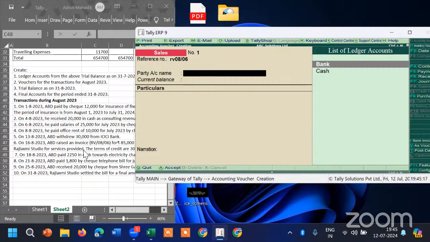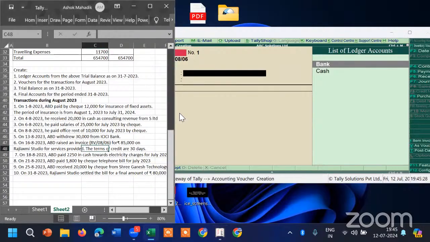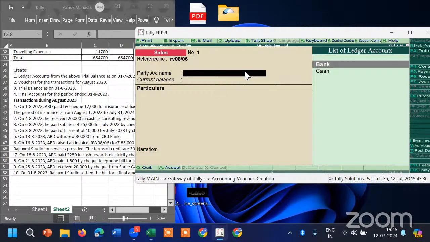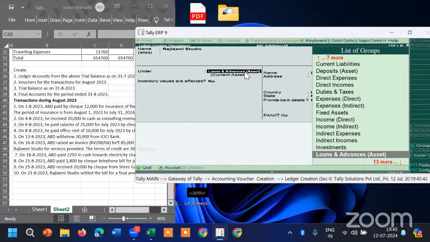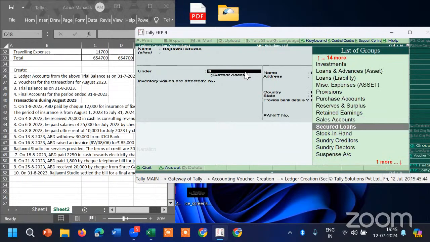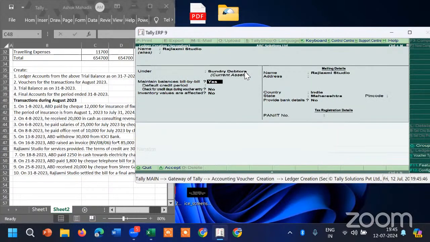Party's name. Let's check the party's name, Raja Lakshmi. So we have to create that account, Raja Lakshmi. So Alt C, I'll type Raja Lakshmi. Our customers are our data.